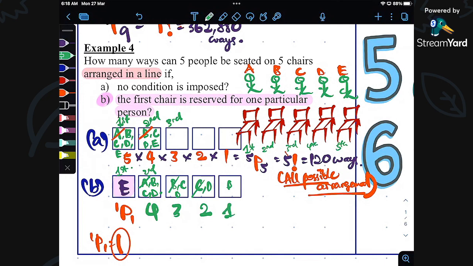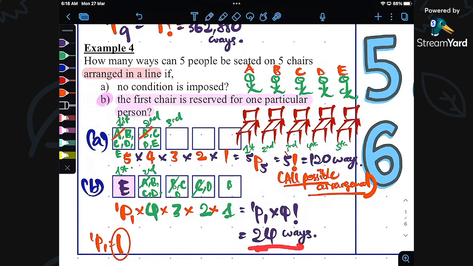So you multiply all of them together: 1P1 times 4 factorial. We can write it like that too. So it has a value of 24 ways of arrangement. See? The number of arrangements has decreased because only one person can be seated on the first chair.